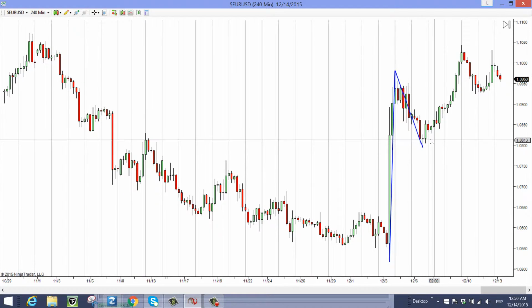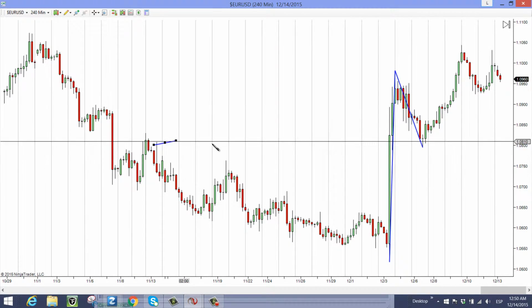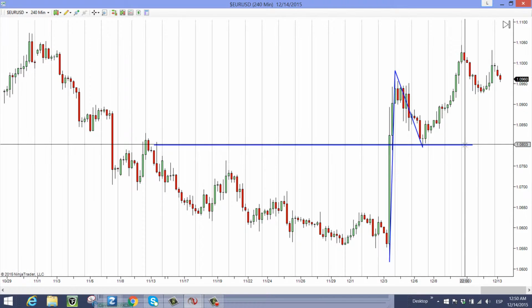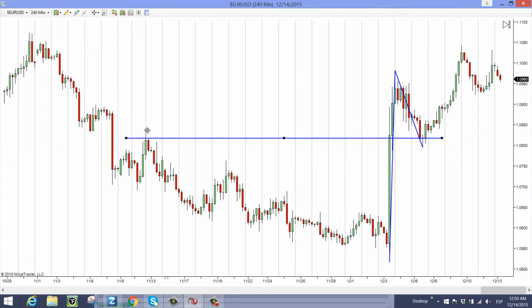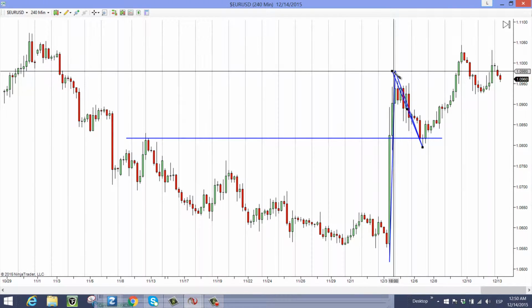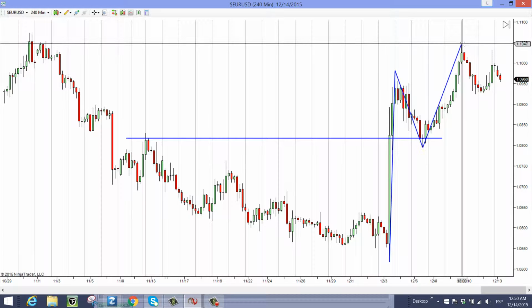Looking left, structure leads clues. Look at this, previous resistance now becomes support. The market breaks above, closes above, and makes a new structure high.